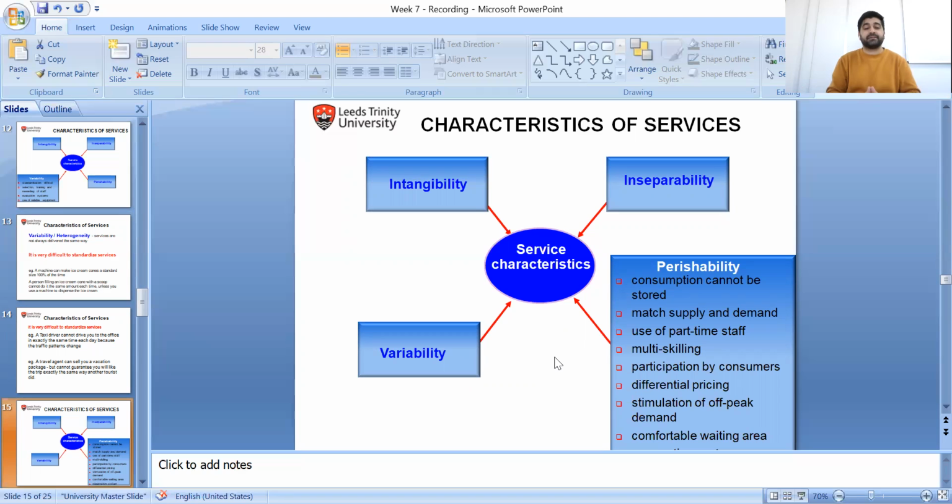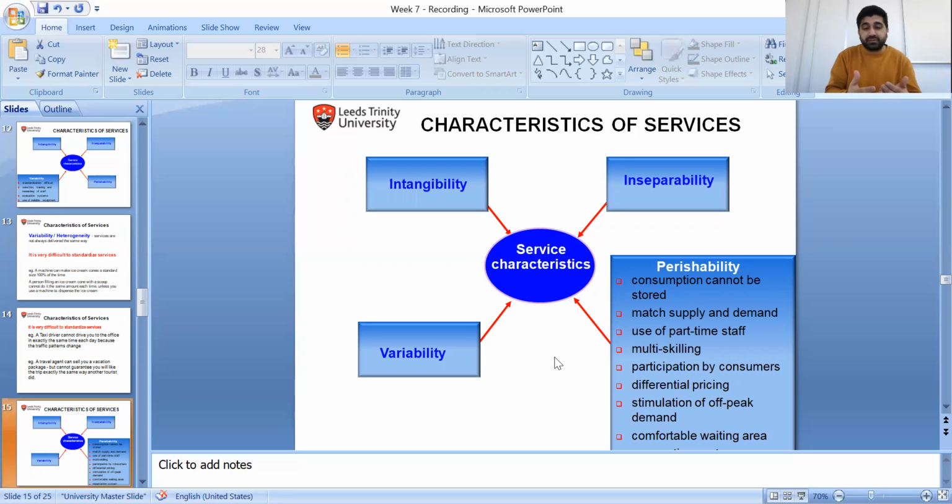Yes, as I said, for providing services, we must have a specific environment and infrastructure where skilled, experienced staff perform activities, and we cannot make those activities standardized. There may be variability.